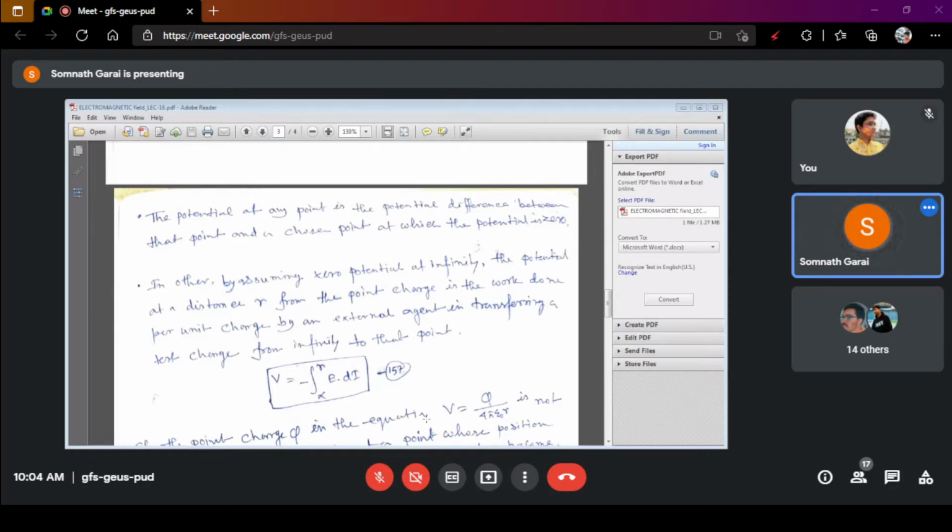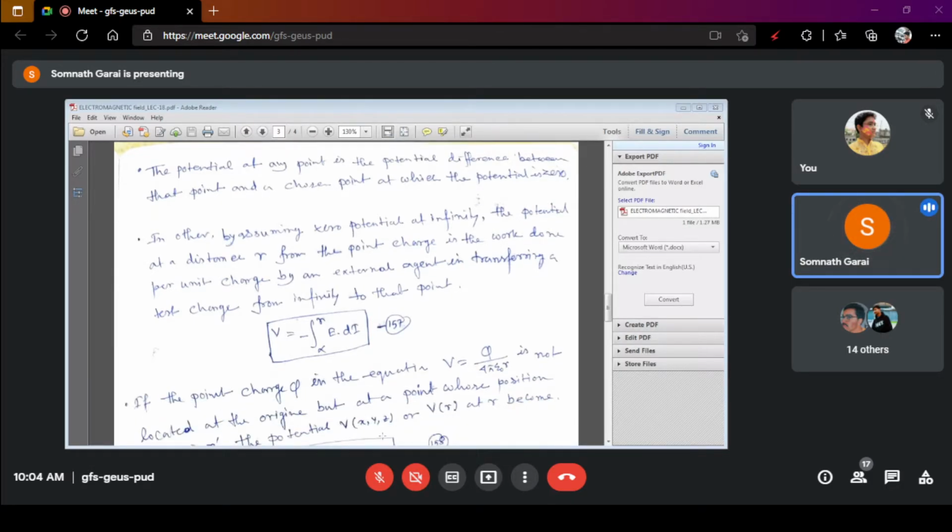So in other words, the potential at a distance r from a point charge is denoted as the work done per unit charge by an external agent or external charge, called a test charge, transferring from infinite distance to that point.